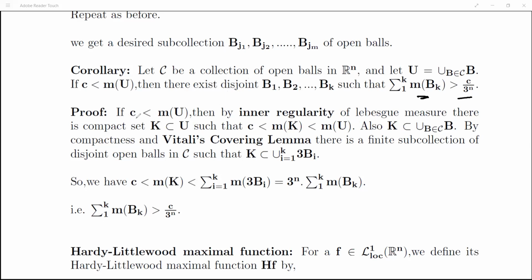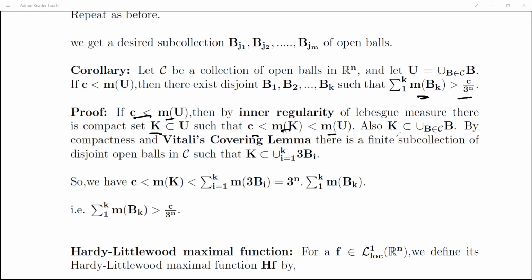So if C is less than the measure of U, then you can find a compact set K such that the measure of this K is greater than C and less than the measure of U. K is contained in U. This is just the inner regularity of the Lebesgue measure.